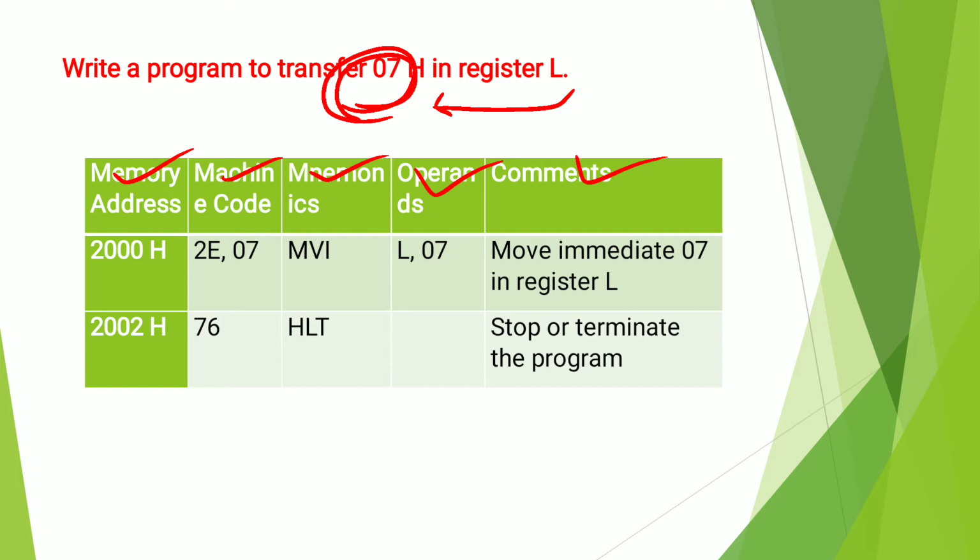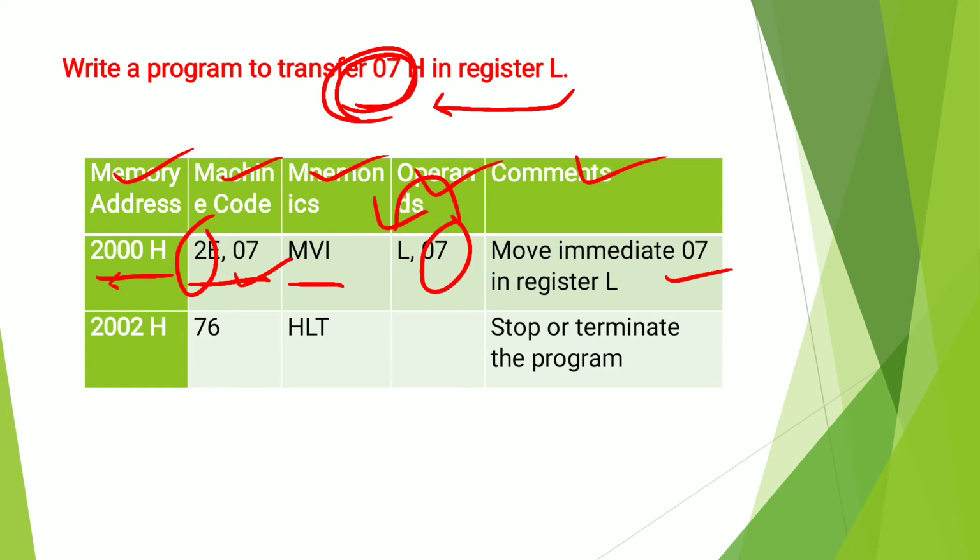Here I am using the instruction MVI L, 07, means this 07 is moved to the register L. Move immediate data 07 in register L. And this is the machine code for MVI L, 07. MVI L has the machine code, and it is stored in the memory location 2000H.